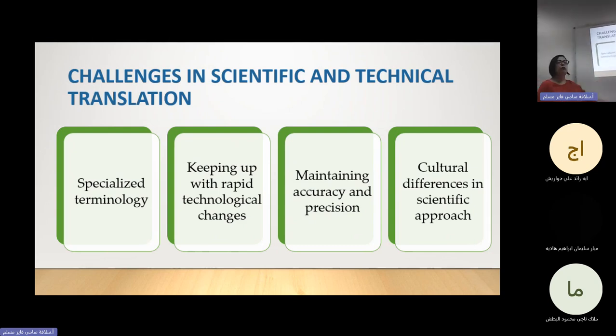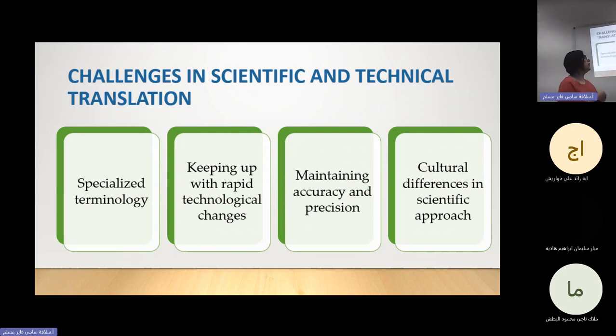Keeping up with the rapid technological change من ساعة لساعة من دقيقة لدقيقة مش من يوم ليوم من سنة لسنة. بوقت قليل جداً بيصير في تطور على التكنولوجيا والعلوم والساينسز فبالتالي I need to be up to date with this terminology. Maintaining accuracy and precision, and this is sometimes very hard for translators to do.